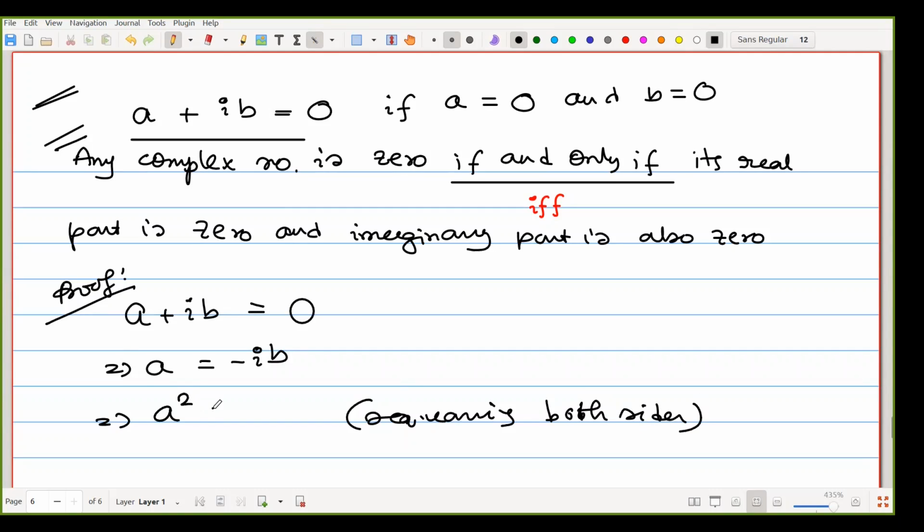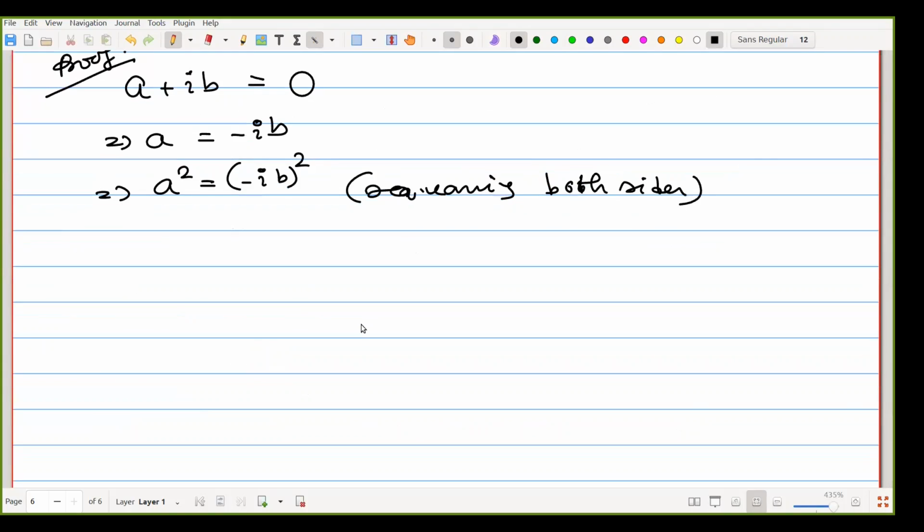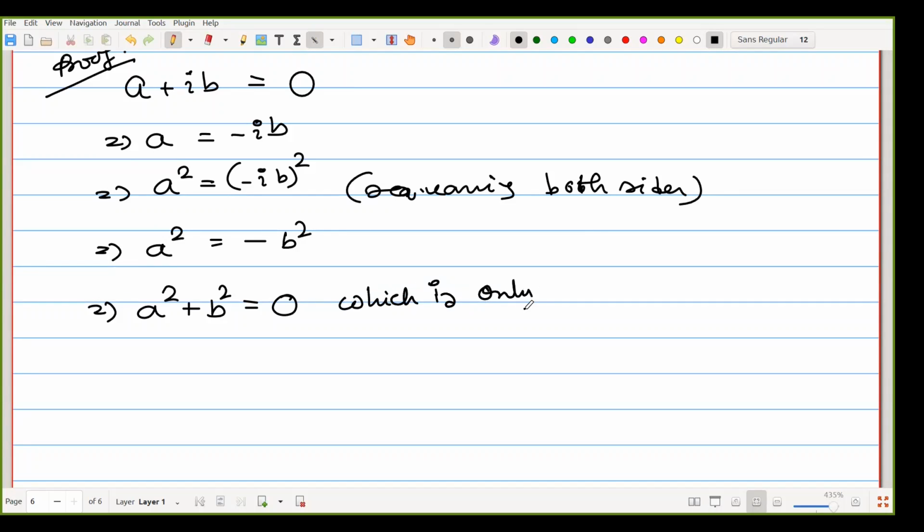So here A square is equal to minus IB whole square, or that is A square is equal to minus B square, or A square plus B square is equal to 0, which is only possible when A is equal to 0, B is equal to 0.